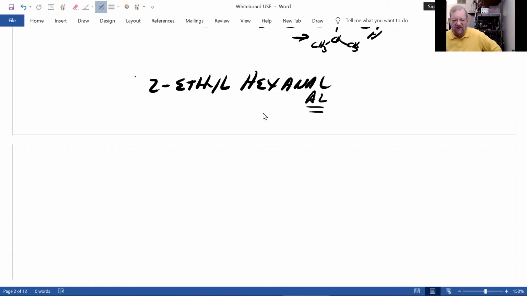So how do you decode it to know what to draw? You start this way and you say, oh, Al ending, aldehyde. And if this were an E hexane, that's 6 carbons.